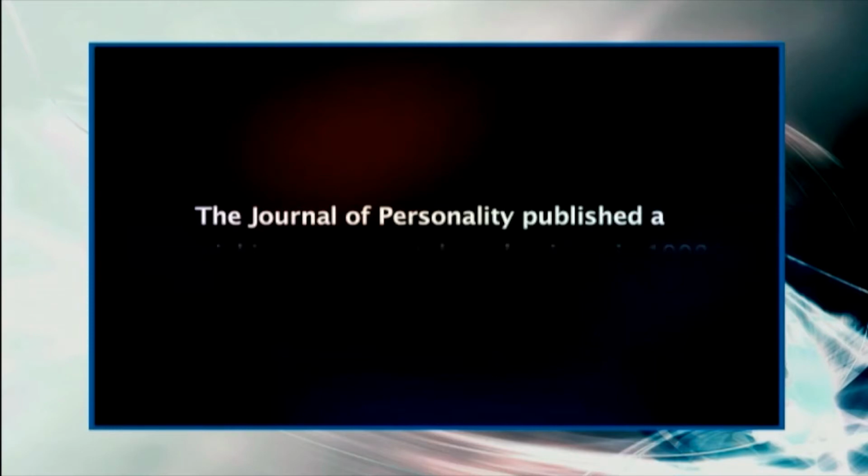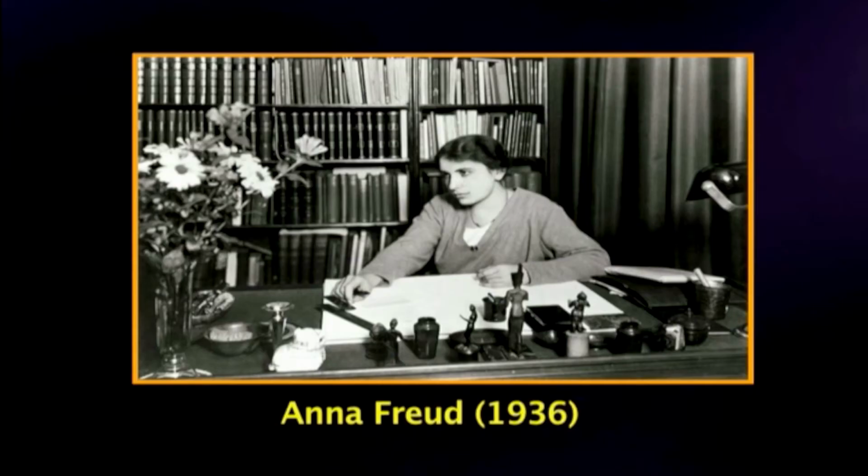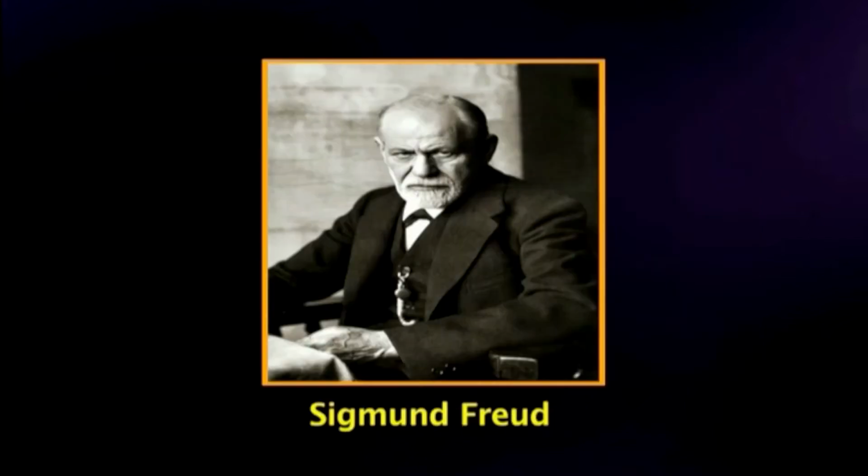Dear students, the list of mental mechanisms is huge and there is no theoretical consensus on the exact number. The Journal of Personality published a special issue on mental mechanisms in 1998. Anna Freud, 1936, enumerated 10 mental mechanisms that appear in the work of Sigmund Freud.